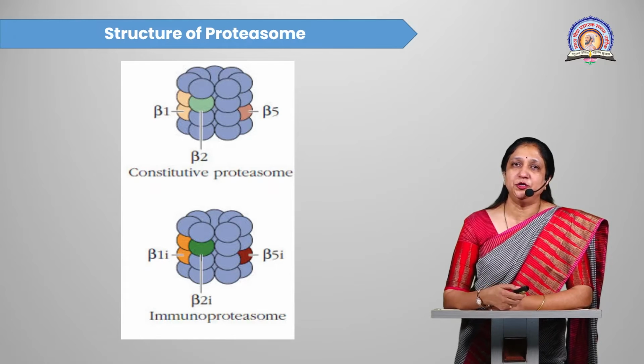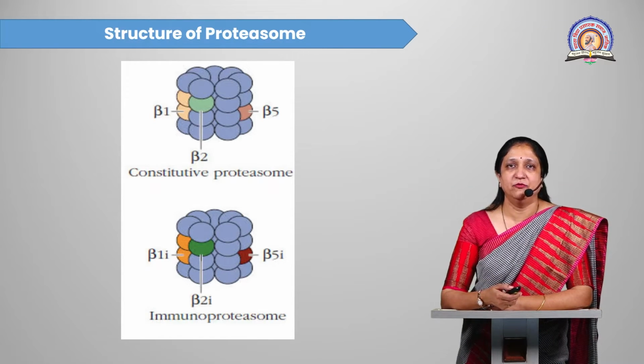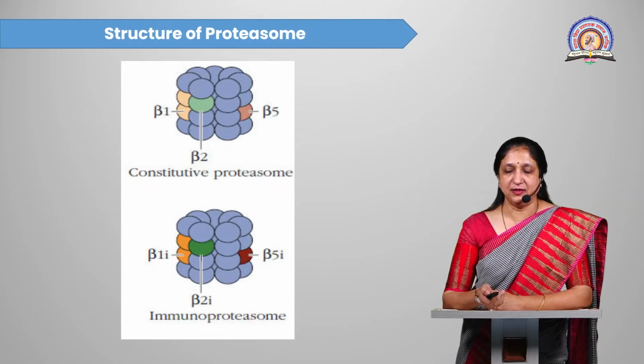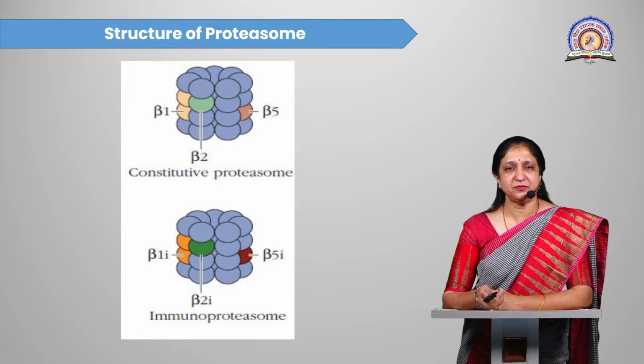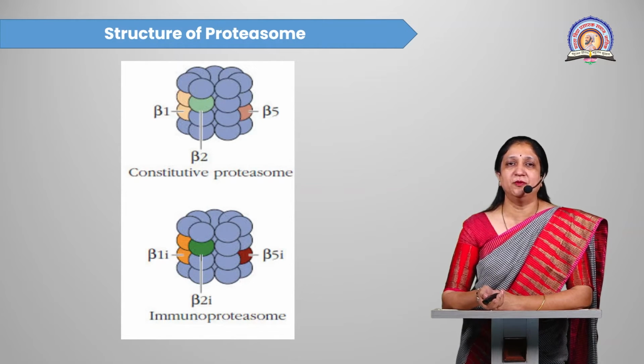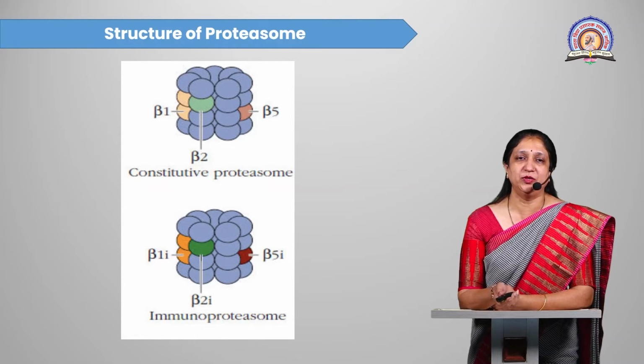In the immunoproteasome, the catalytic units are beta 1i, which represents that it is a subunit of the immunoproteasome. Beta 2i and beta 5i are the catalytic subunits whose activity is a little bit different from the activity of the constitutive proteasome or the ubiquitin proteasome.